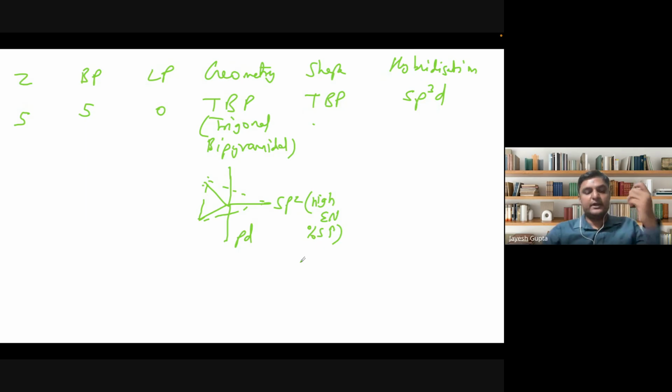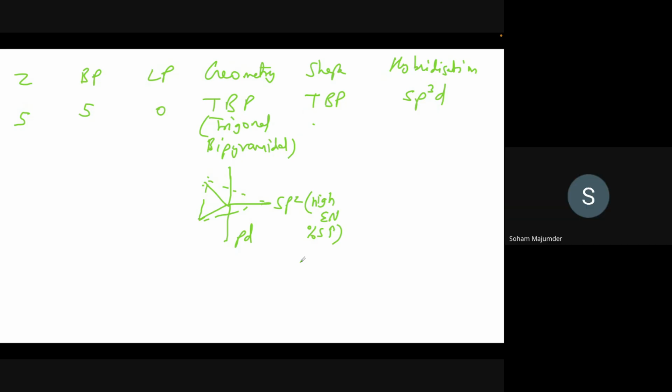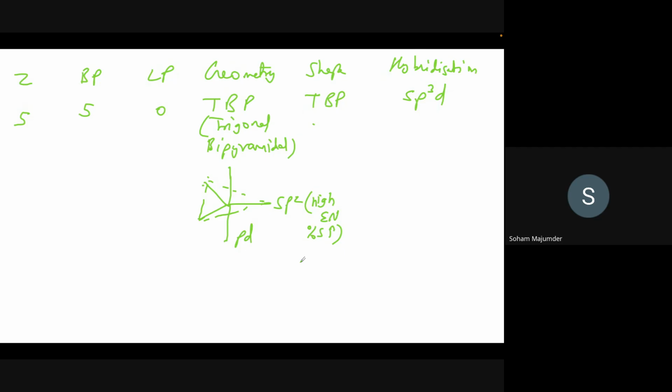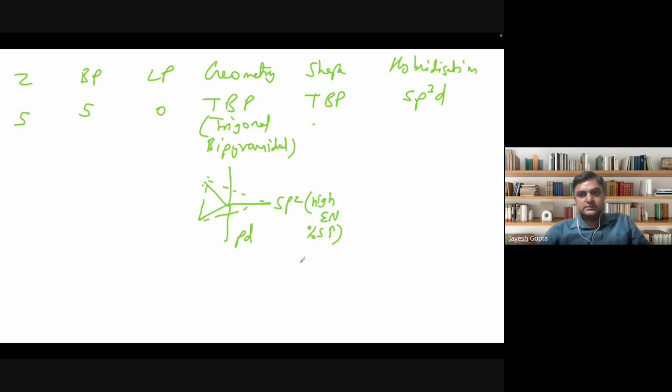Okay, so now can you tell me, if I am putting one lone pair, where it will go? Axial or equatorial? So axial. What logic you have applied? I don't actually know. See, if you are putting lone pair, at which position will they go?